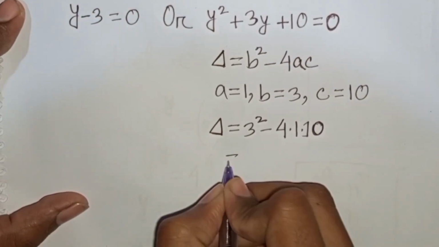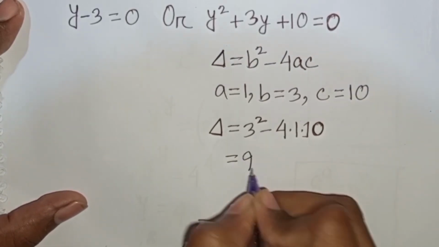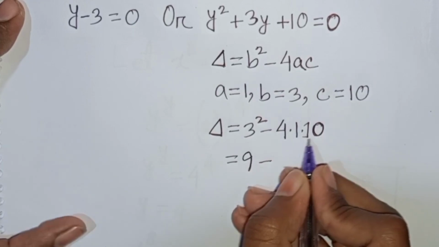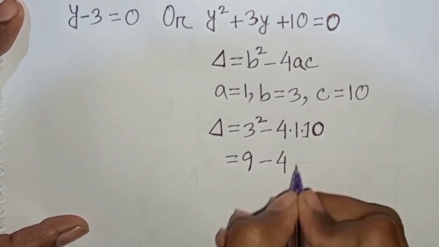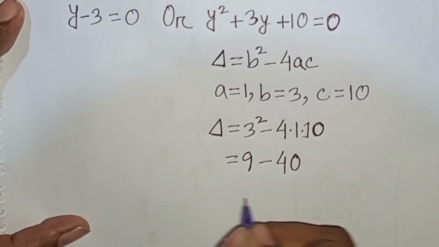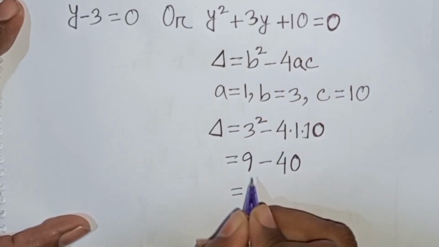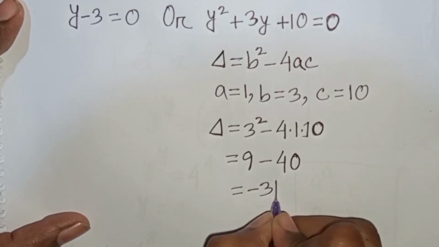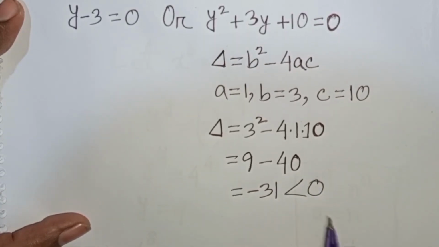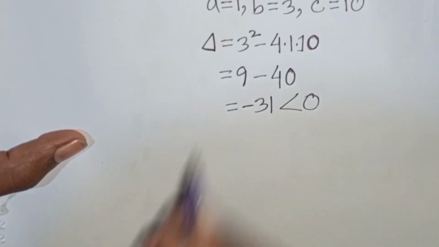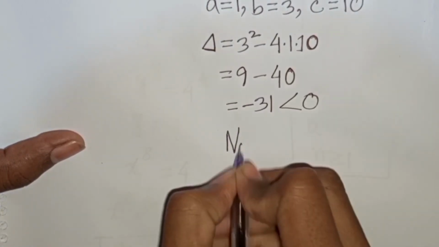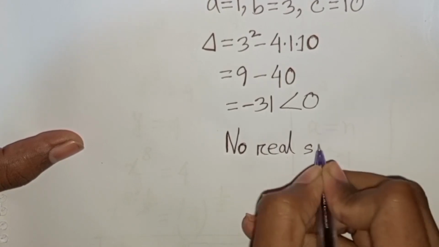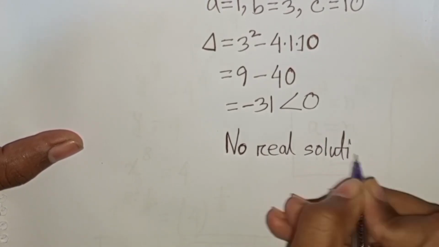Now this is equal to 3 square is the same as 9, then minus 4 times 1 times 10, that means it will be 40, then is equal to 9 minus 40, that means it will be minus 31. So minus 31 is less than 0. So here no real solution.